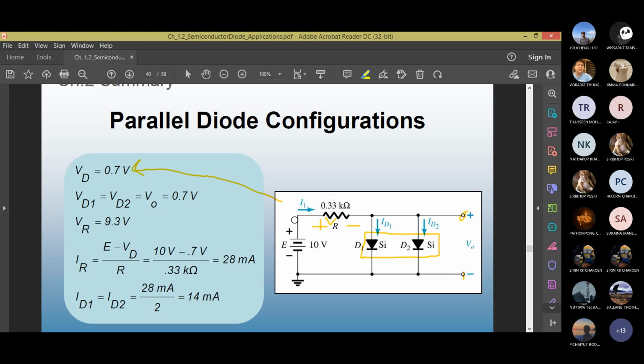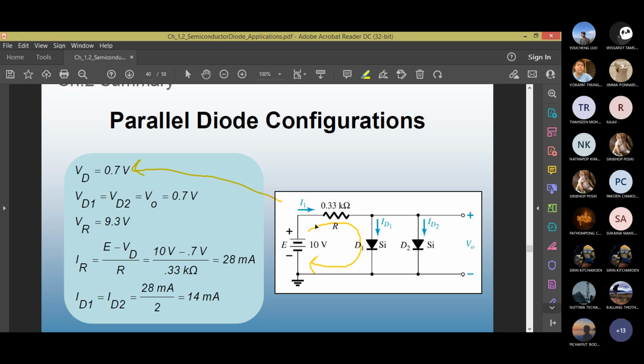E minus 0.7, because if you just look at the left-hand loop and apply Kirchhoff voltage law, what do you get? 10 minus VR minus 0.7 equals 0. So how much is VR? 10 minus 0.7 is 9.3 volts. Voltage across the resistor is 9.3.